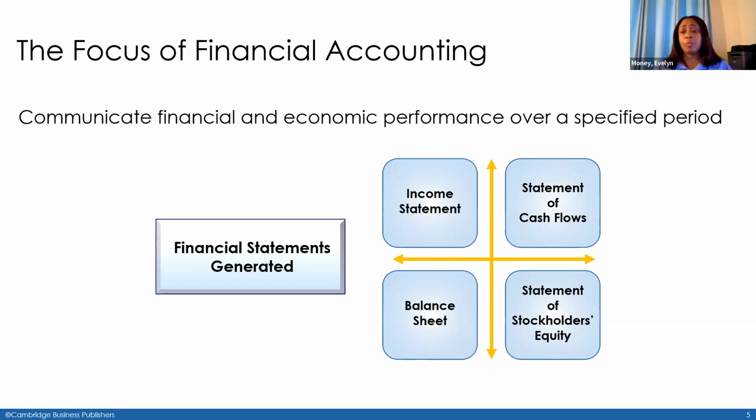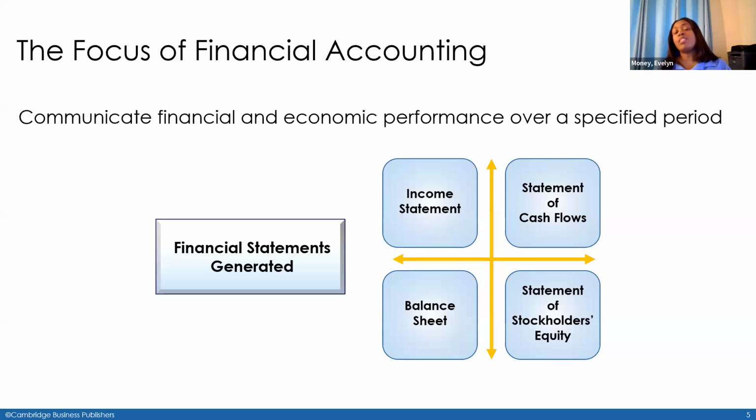The next statement that is prepared is the statement of stockholders' equity. So when we're talking about equity, we're talking about what the owners truly own of a corporation or a business. So on the statement of stockholders' equity, we're summarizing changes in equity. So we'll start with beginning equity, and then we'll add in any profits.